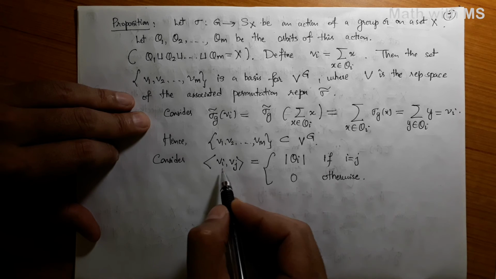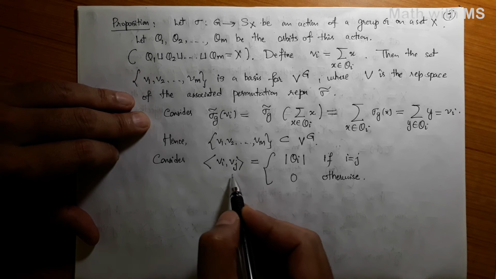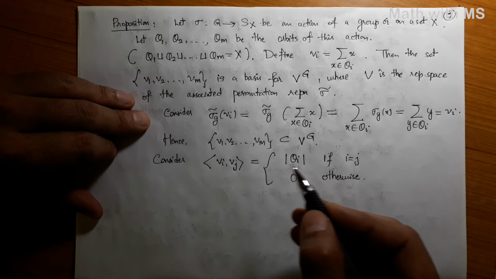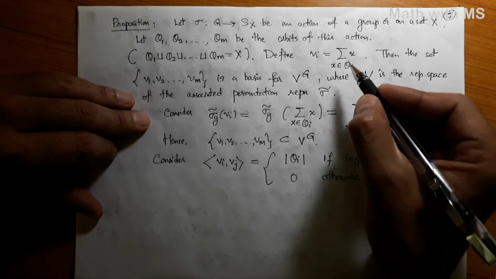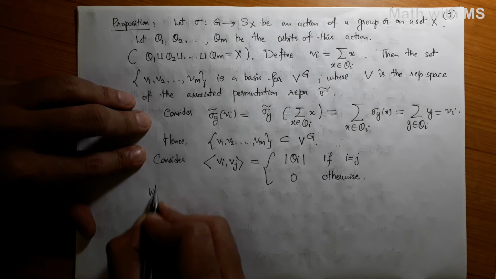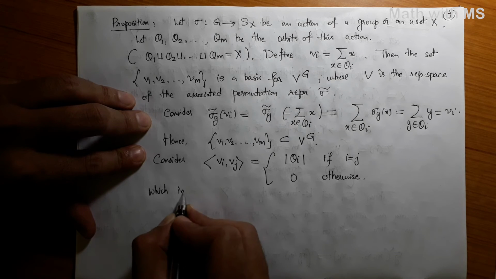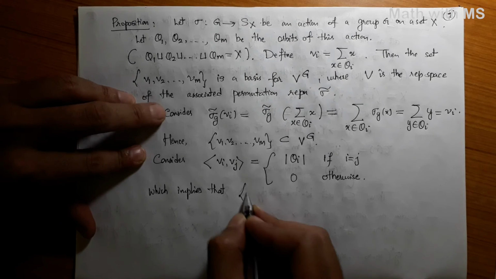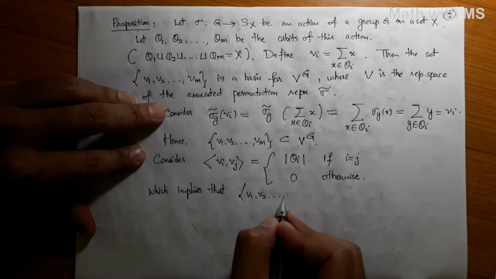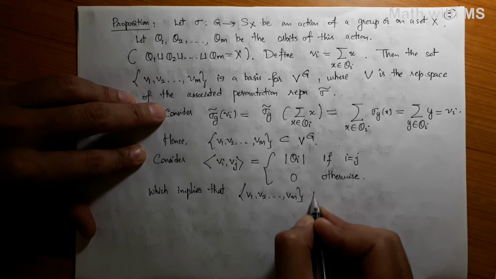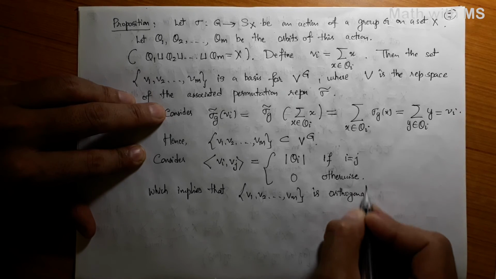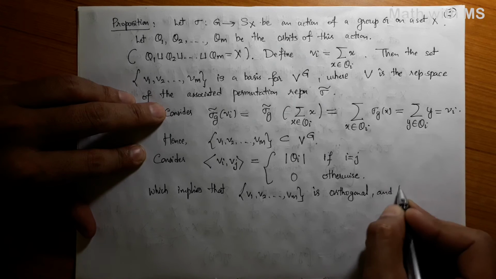If i is j, then they are actually the same vector, and therefore the inner product is just a sum of one squares, one for each element of the orbit, which implies that the set V1, V2, ..., Vm is orthogonal and hence linearly independent.